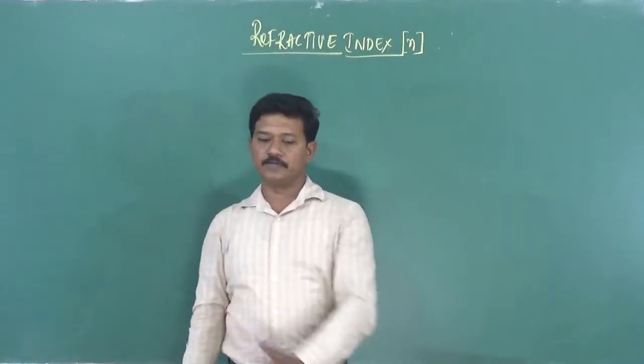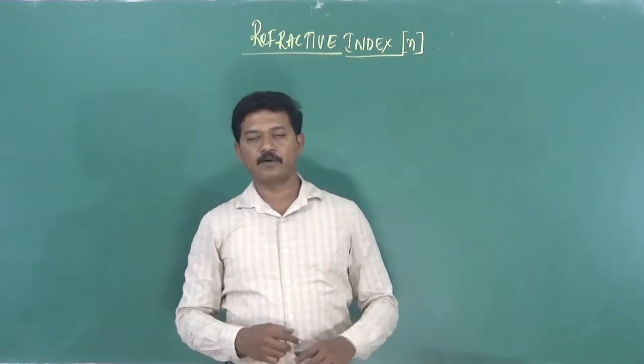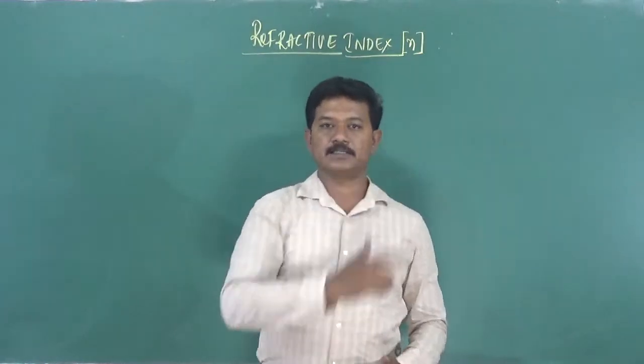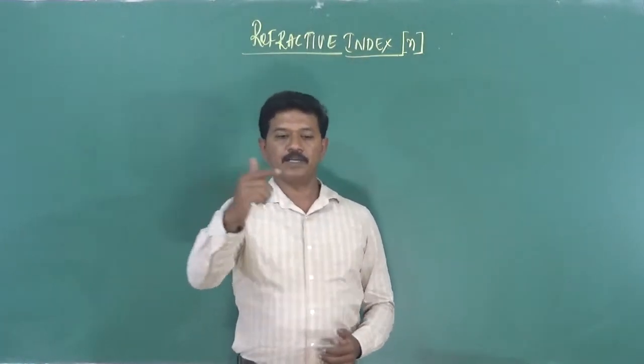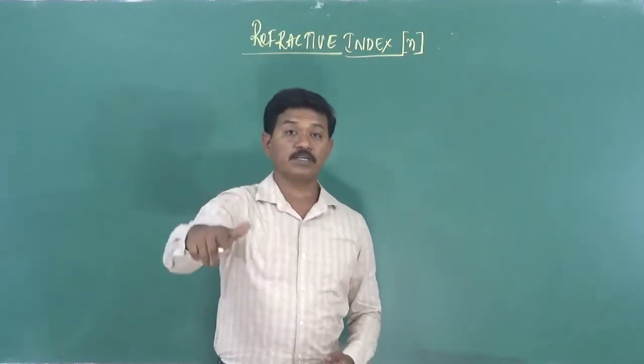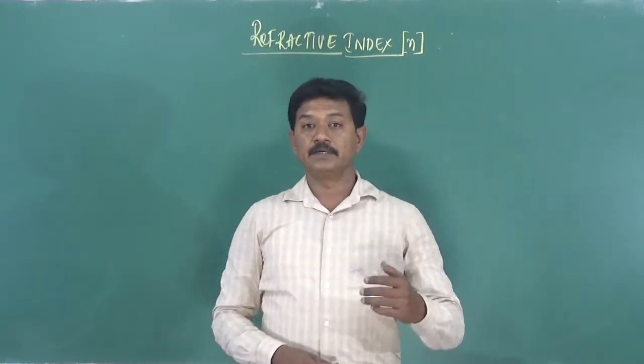Let us come to relative refractive index. Speed of light in glass by speed of light in water is the relative refractive index of water, which is in the denominator, the second medium, right?